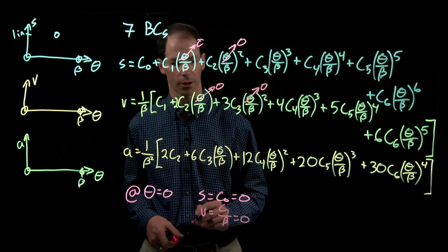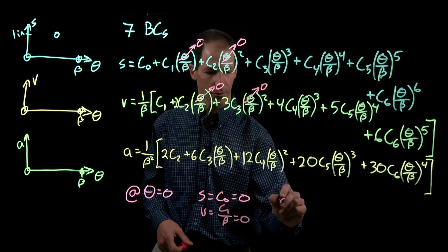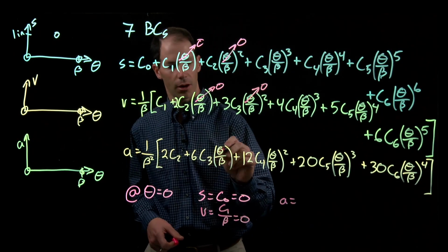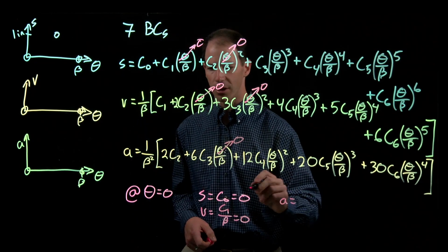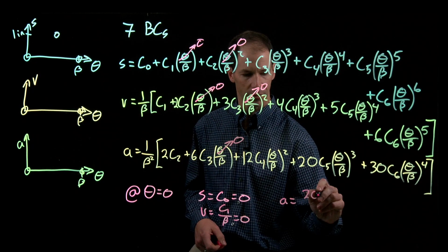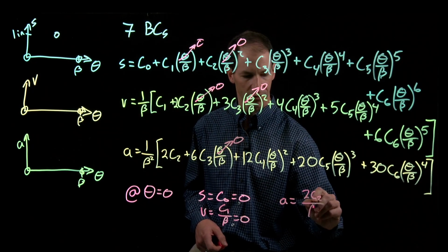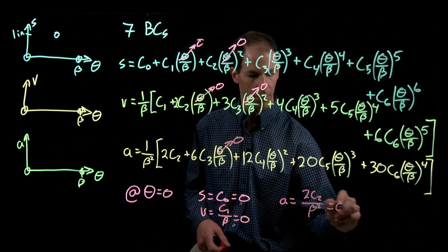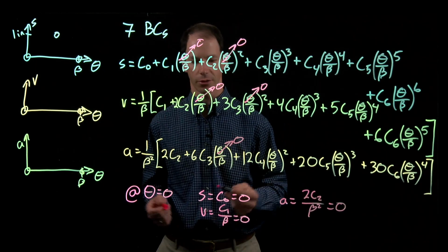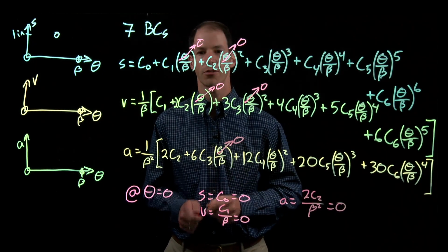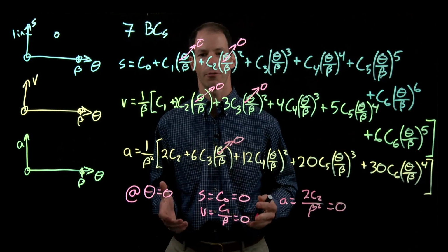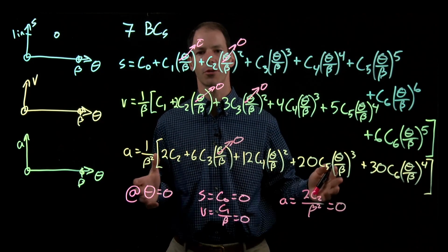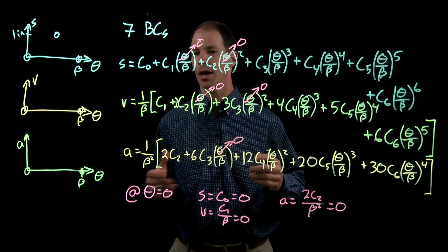Same thing happens for acceleration, where all of these thetas go to 0. When that happens, my acceleration is equal to 2 times C2 over beta squared, which is equal to 0. So C2 is equal to 0. All three of these first coefficients are equal to 0, which means that I only have 4 coefficients left to solve for. So I'm going to put them in matrix format and then bring them into MATLAB so that I can solve them.